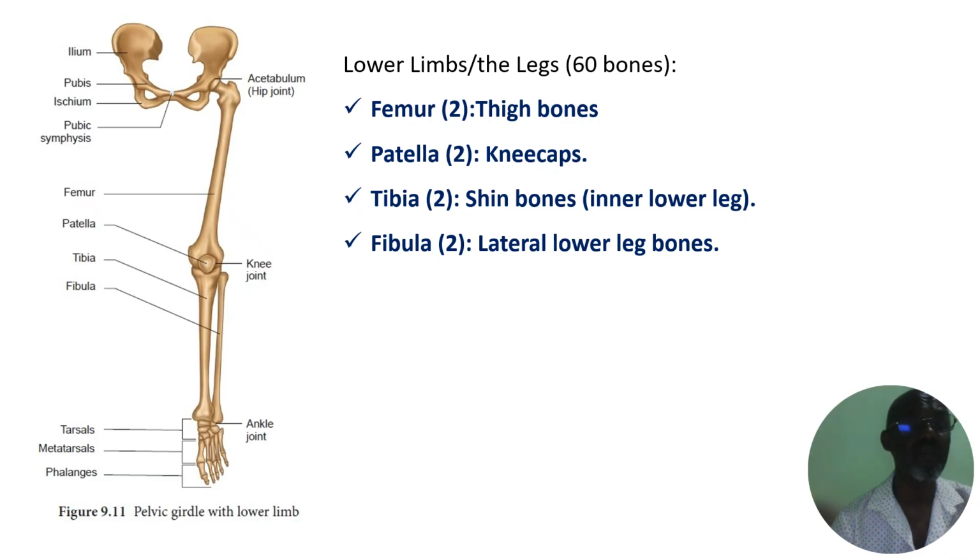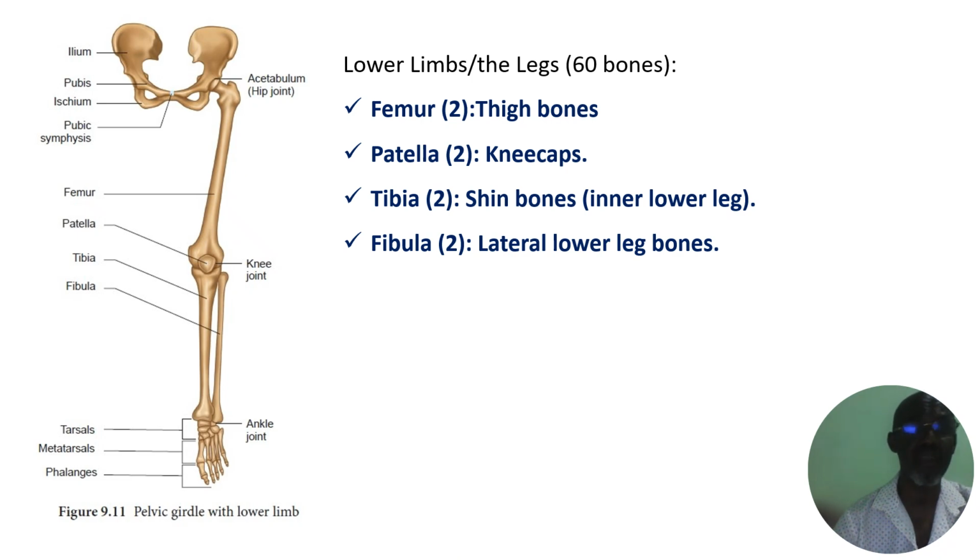This is the fibula, therefore the fibula is lateral and the tibia is medial. Then come the ankle bones, tarsals, then metatarsals, 5, then phalanges, 14. Tarsals are 7 in this case.